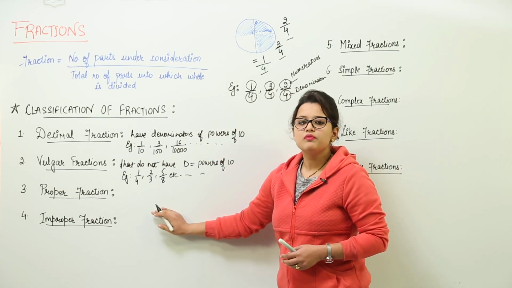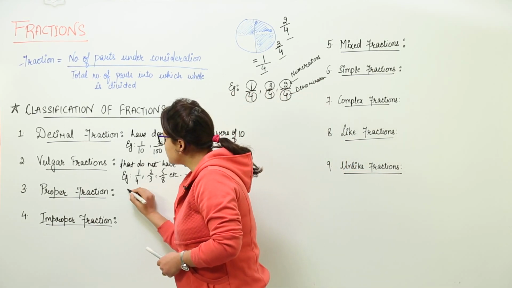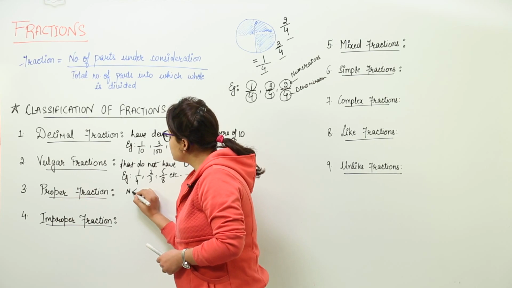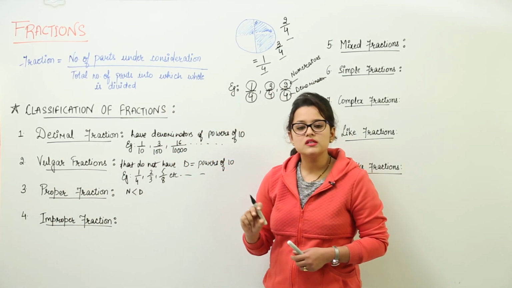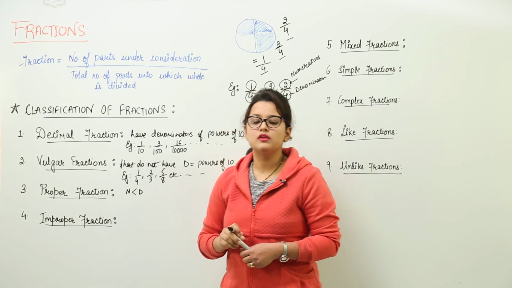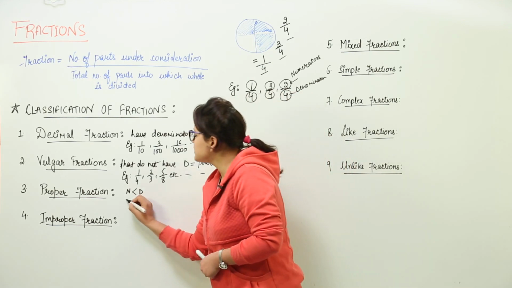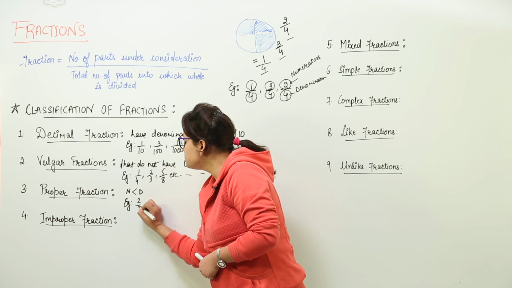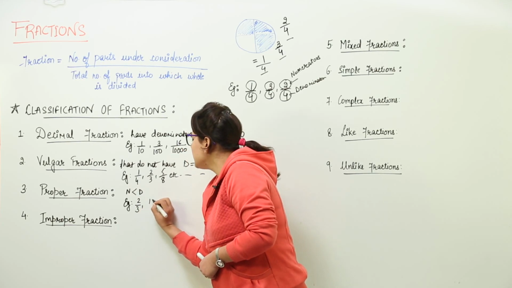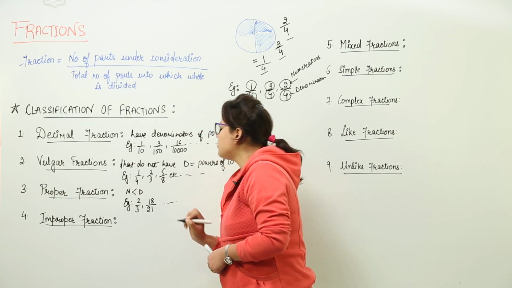Next is the case of proper fractions. What are proper fractions? See, proper fractions are those in which the numerator is less than the denominator, right? Any fraction in which the numerator is less than the denominator will be known as a proper fraction. Now what will be the examples for these? The examples could be 2 upon 3, 18 upon 21 and so on.